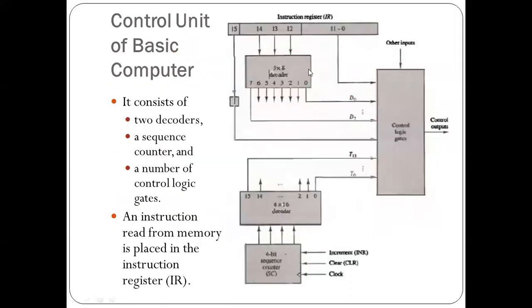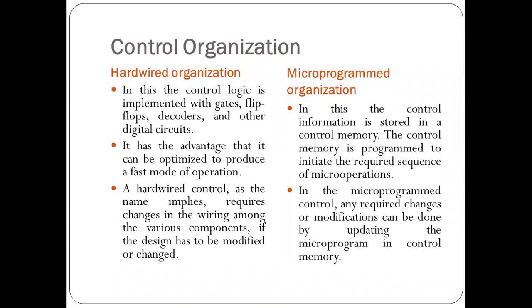Next, coming to microprogrammed organization. Here the control information is stored in a memory. We call that memory the control memory, and the control memory is programmed to initiate the required sequence of microoperations by which the CPU can perform its operations.